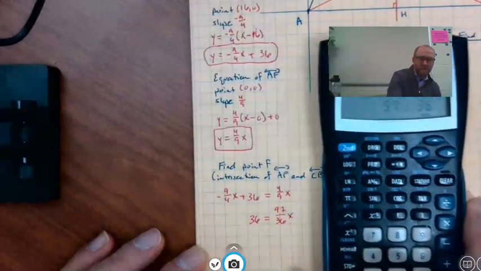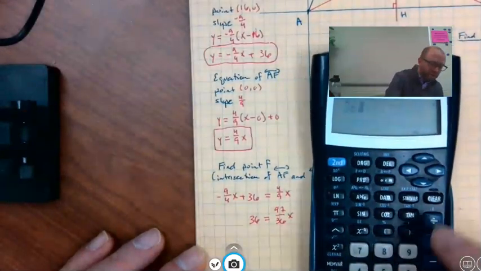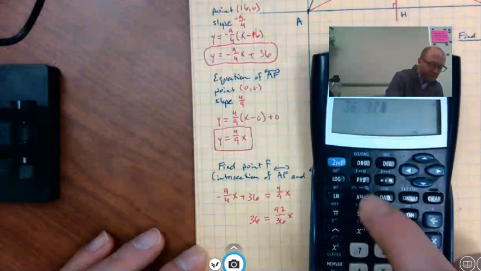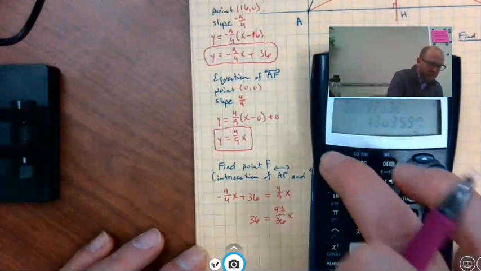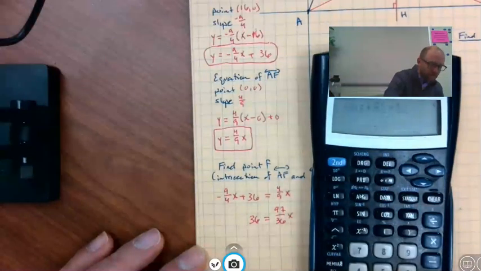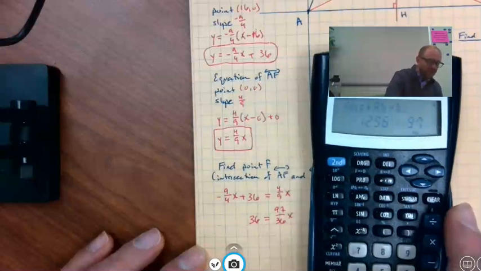Again, I'm just going to take to the calculator here. So 36 divided by 97 over 36 gives us 1296 over 97. Yikes.